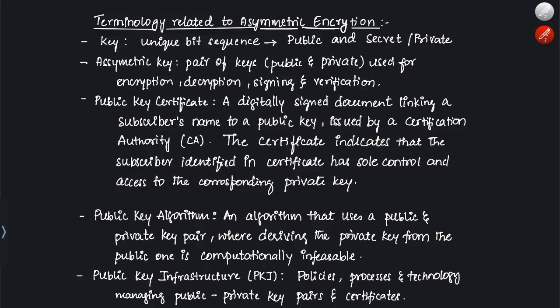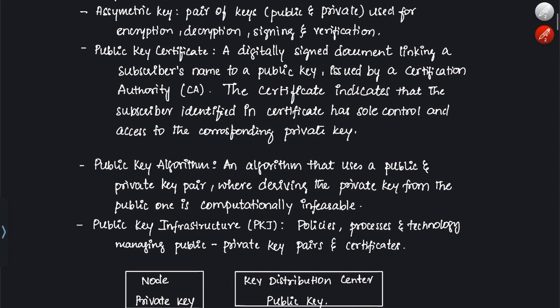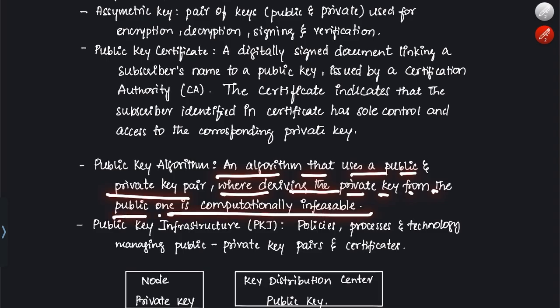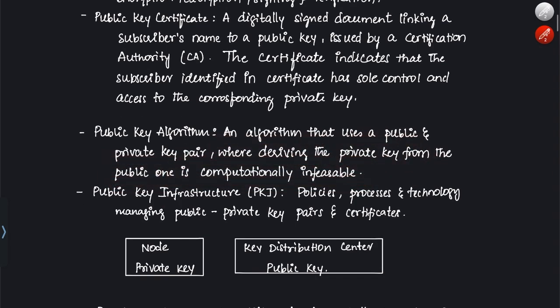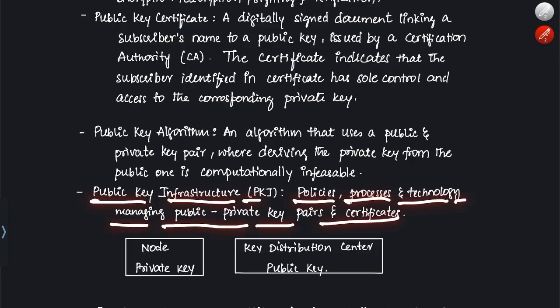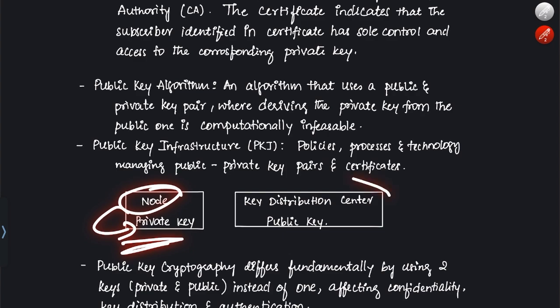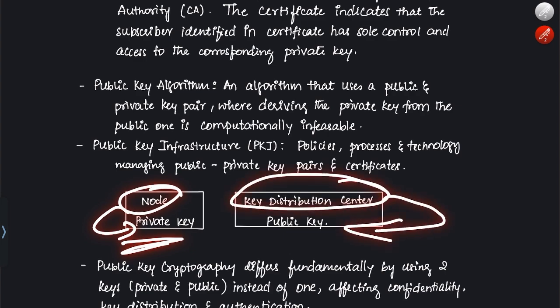Then we have the public key algorithm, an algorithm that uses a public and private key pair, where deriving the private key from the public one is computationally infeasible. That's what we discussed in the beginning. Public key infrastructure, PKI, consists of policies, processes, and technology managing the public-private key pairs and certificates. And in the key distribution center, we have the public keys.